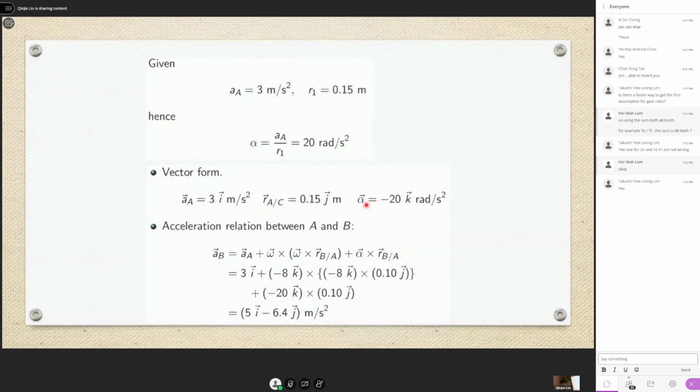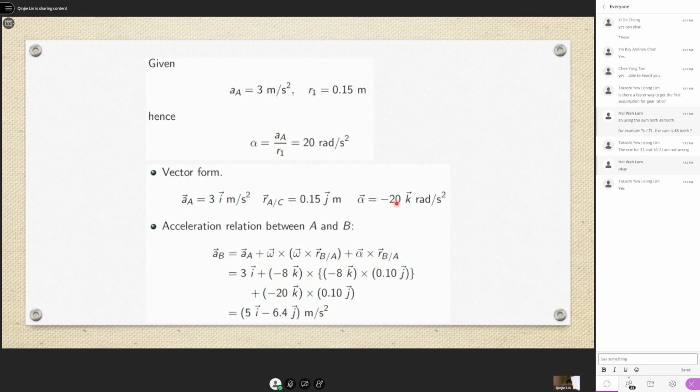Then this angular acceleration, we calculated here already. The magnitude is 20, but direction-wise, same thing, right-hand rule. That's why it's a minus K. Your thumb will be pointing into the screen for this case.